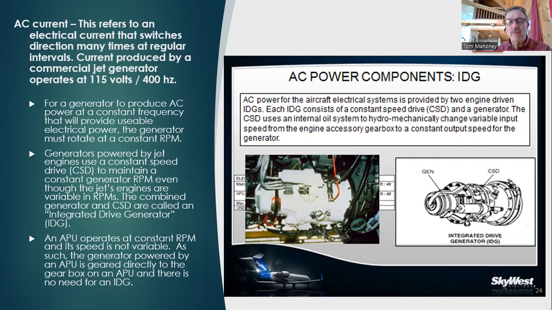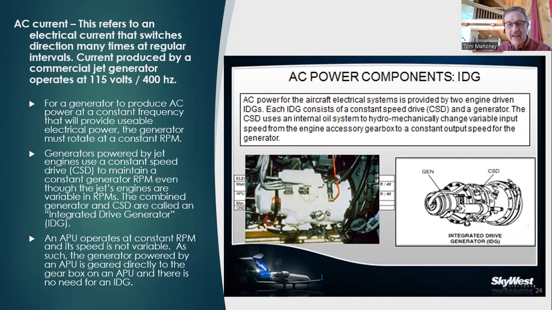That's the way we refer to them nowadays on jets. I remember that earlier jets didn't actually have a constant speed drive, but it was called something different, and we could manually disconnect it from the generator. In this case, a CSD and a generator are co-located, combined, and we call it an IDG, integrated drive generator.